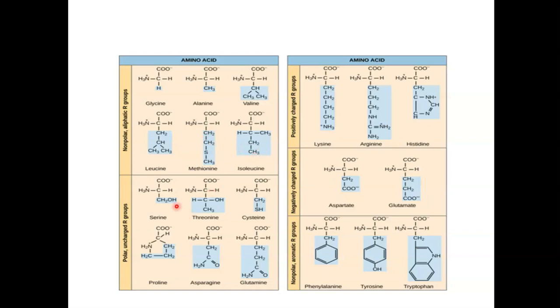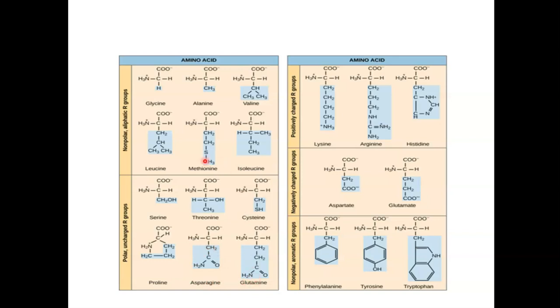Then hydroxyl group containing amino acids, serine and threonine. And sulfur containing amino acids, cysteine and methionine. Then amide group containing amino acids. What is meant by amide group? The NH2C double bond O group. This is a special group, and the amide group containing amino acids are asparagine and glutamine.